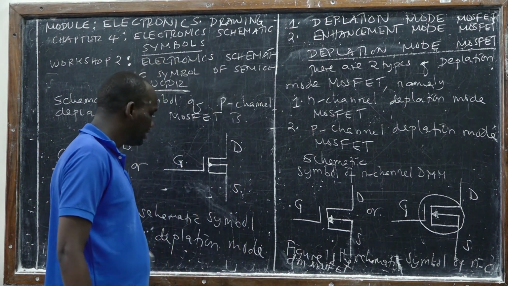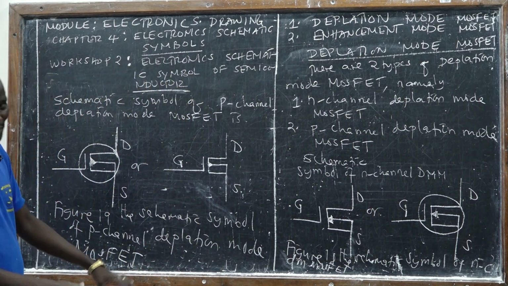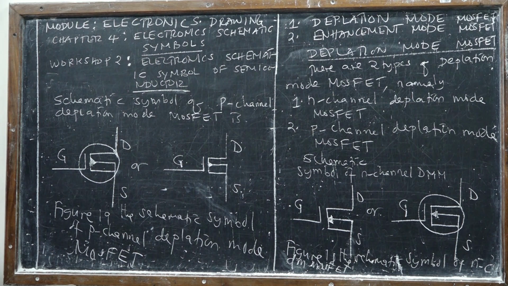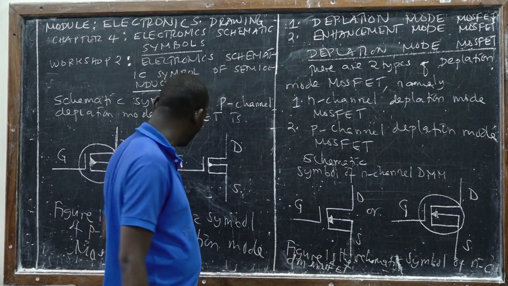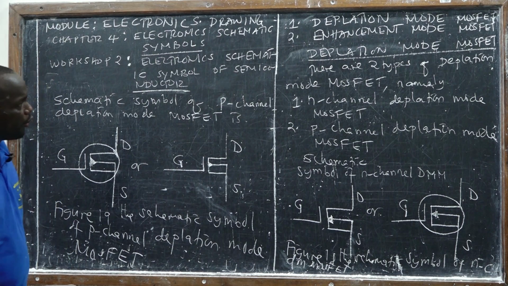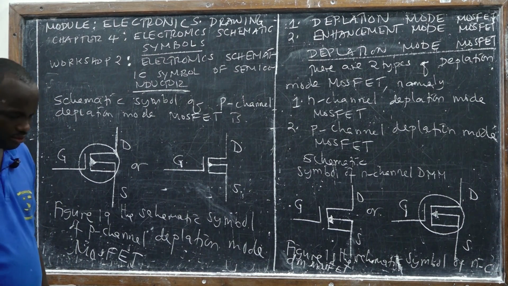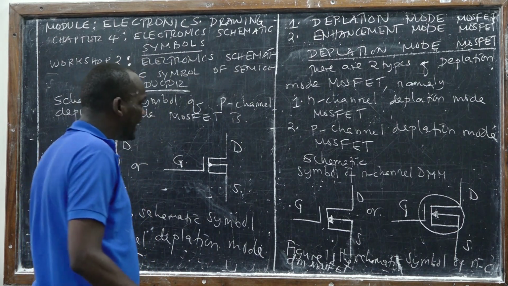Figure 20, figure 19. Anyway, you should not bother about the number of figures. You may write yours. But according to our sequence, I think the last one was 18, this is 19. Okay, so now it's time for enhancement mode MOSFET. Let us cover that concept and then we end the class.